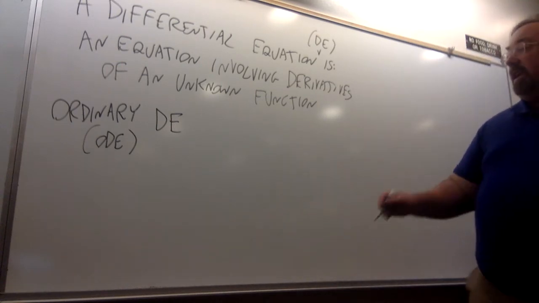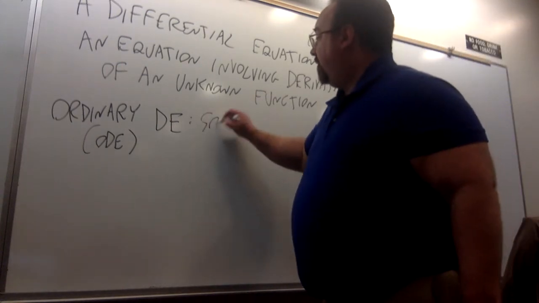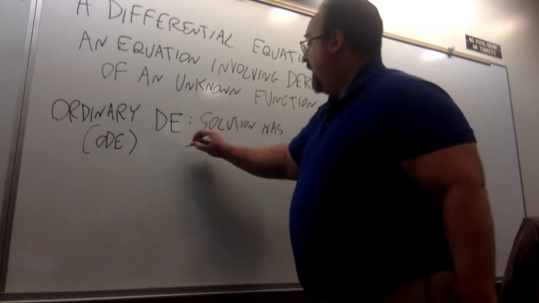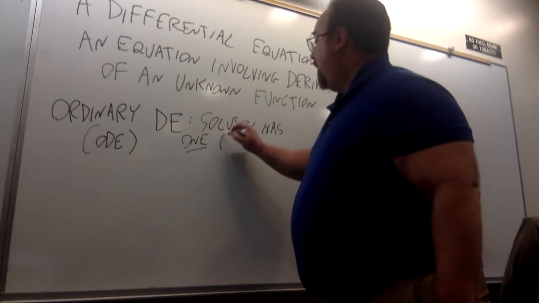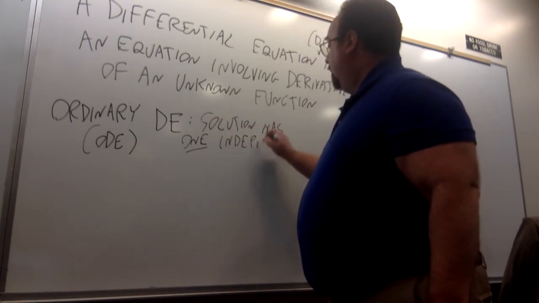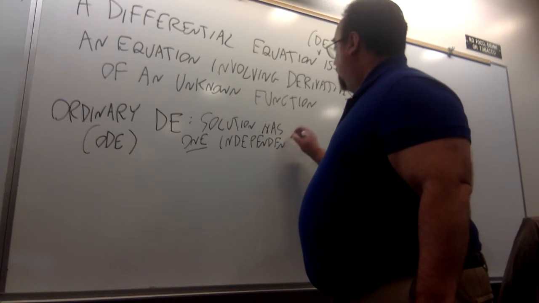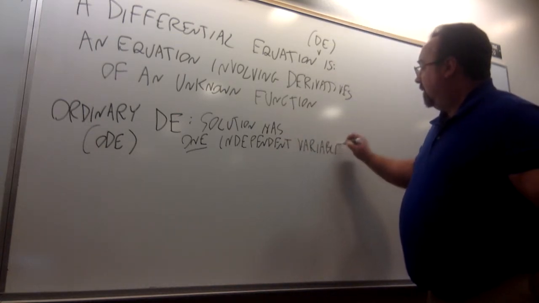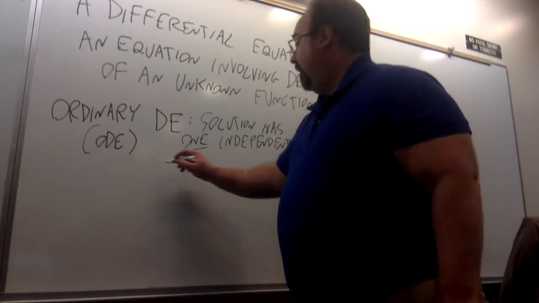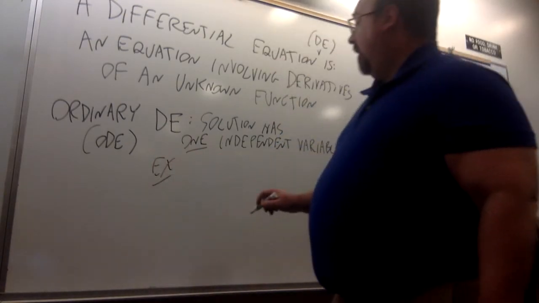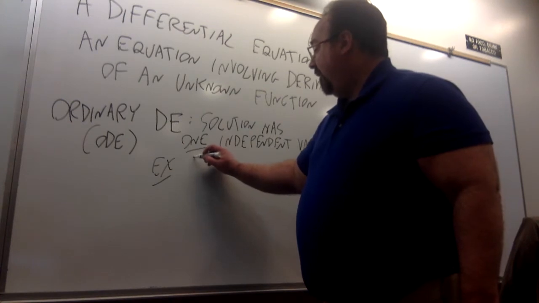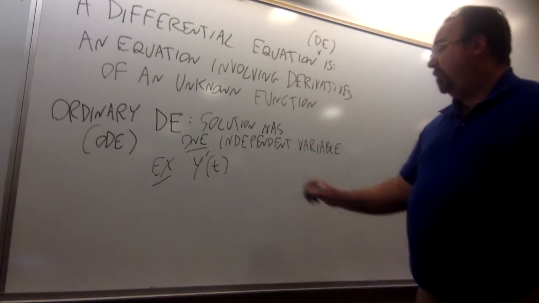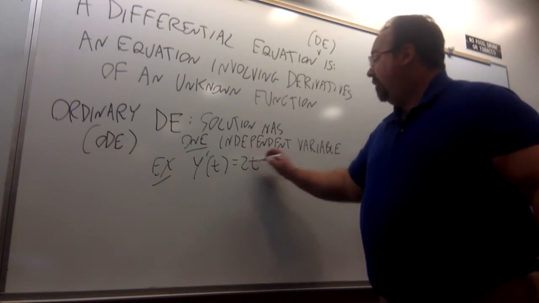So an ODE, an ordinary differential equation, is when the solution has only one independent variable. So it's a function of only one variable. As an example, we could have, for instance, y prime of t is equal to 2t.